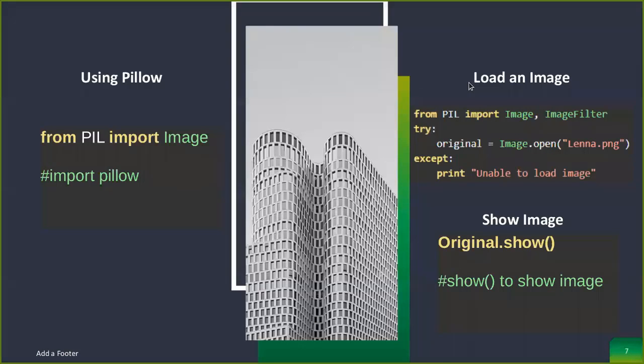So how do we use Pillow? From PIL we import Image. This is the way to import Pillow. To load an image, we write Image.open('lena.png'), where lena.png is the name of an image file. Image is from the Pillow library and open is a function, so we use this to import our image.